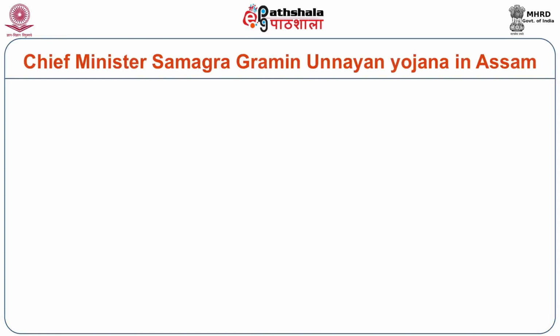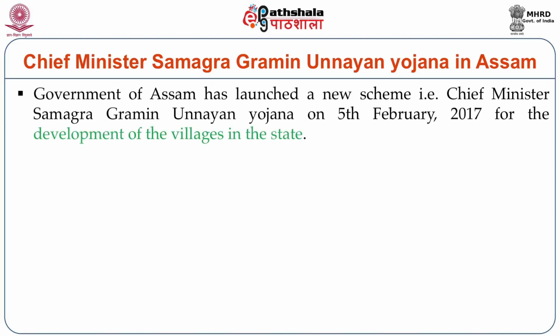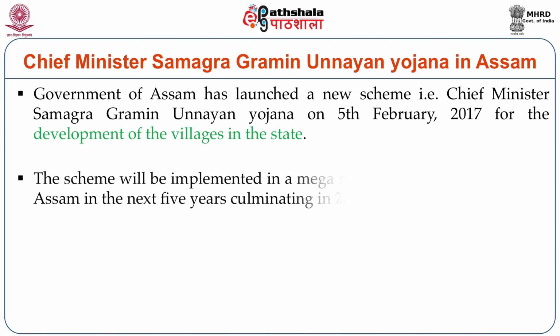First is the Chief Minister Samagro Gramin Unnayan Yojana in Assam. The Government of Assam launched this new scheme on 5th February 2017 with the objective of the development of the villages in the state. The scheme will be implemented in a mega mission mode in all villages of Assam in the next 5 years, culminating in 2021-22.